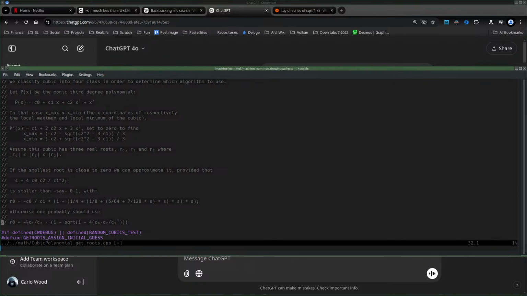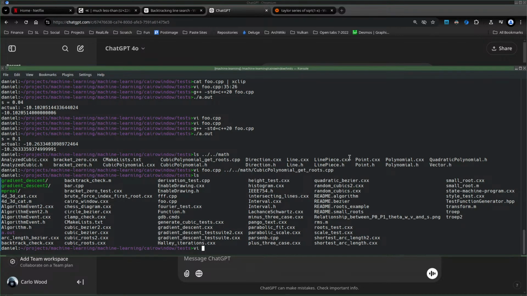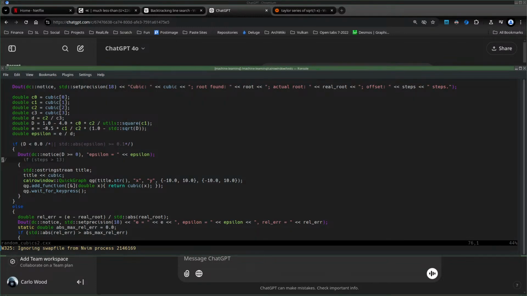Or turn that around. Random cubics. You should calculate this.